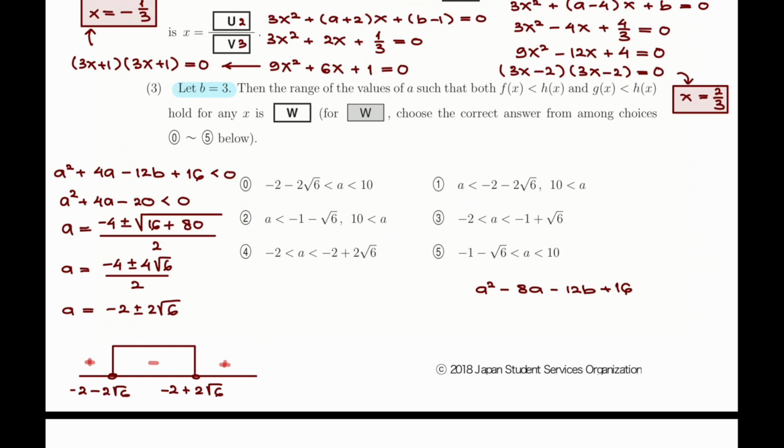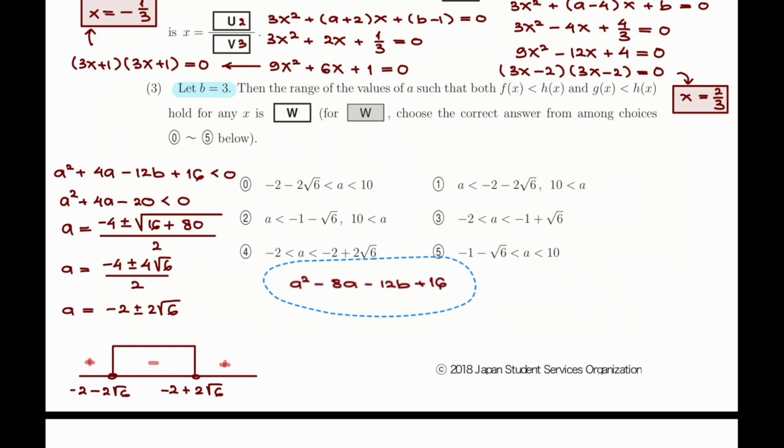And then for the second equation, we do the same thing here. This is D2. D2 must be less than 0. If I substitute B as 3, then I will get A squared minus 8A minus 36 plus 16, negative 20, less than 0.